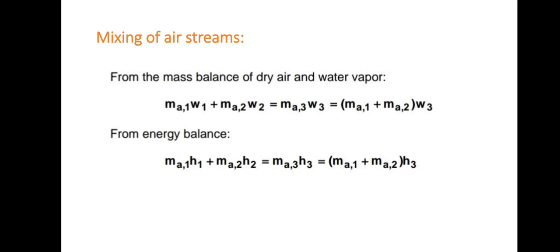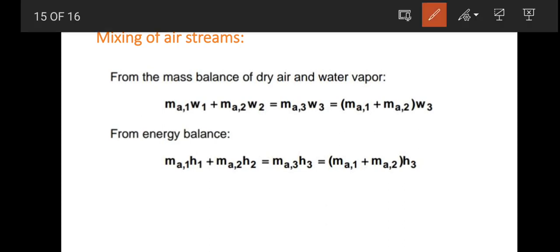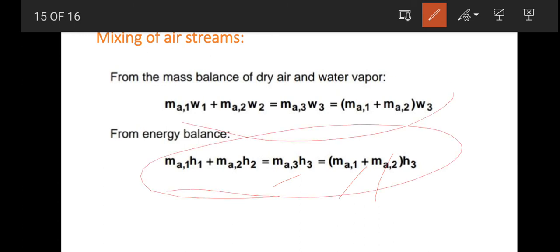For the energy balance, Ma1 H1 plus Ma2 multiplied by H2 is equal to Ma3 multiplied by H3, where again we substitute Ma3 as Ma1 plus Ma2. This is the energy balance, and the previous one is the water vapor balance. By using these formulas, we can mark point number 3 on the line joining point 1 to point 2.